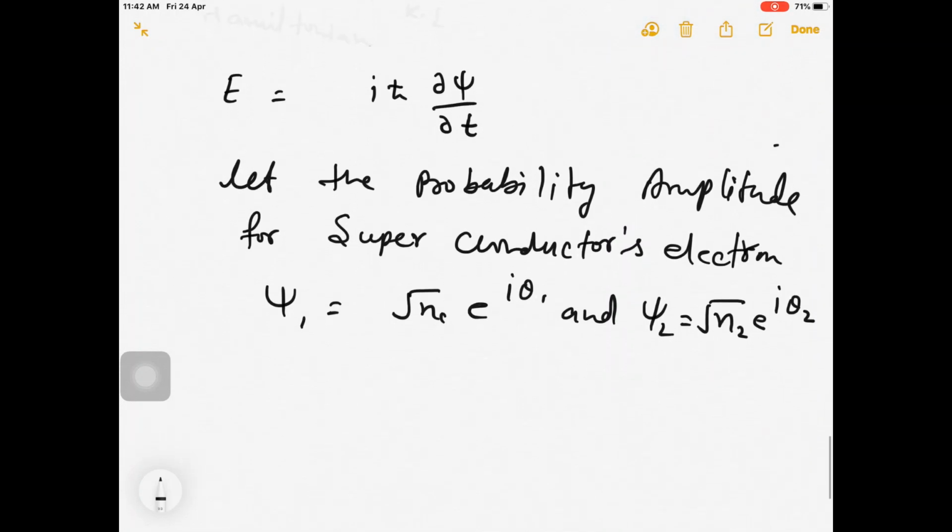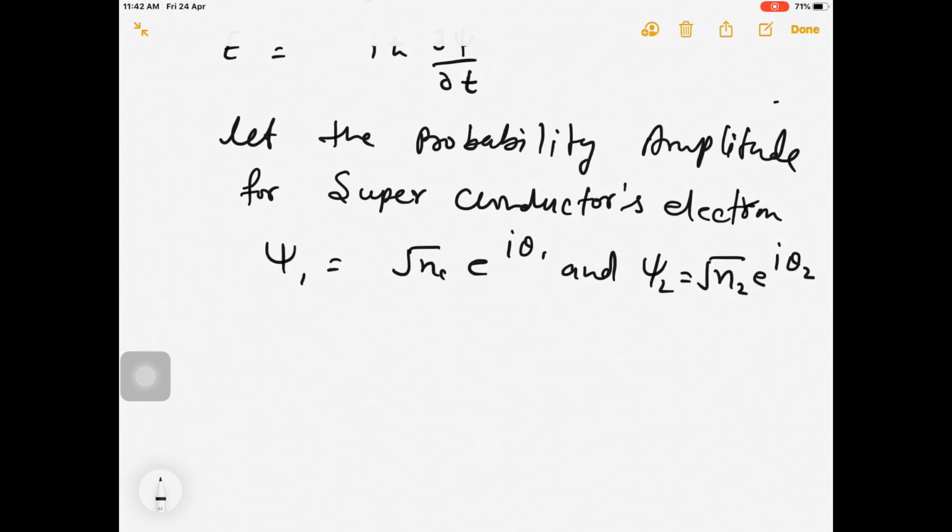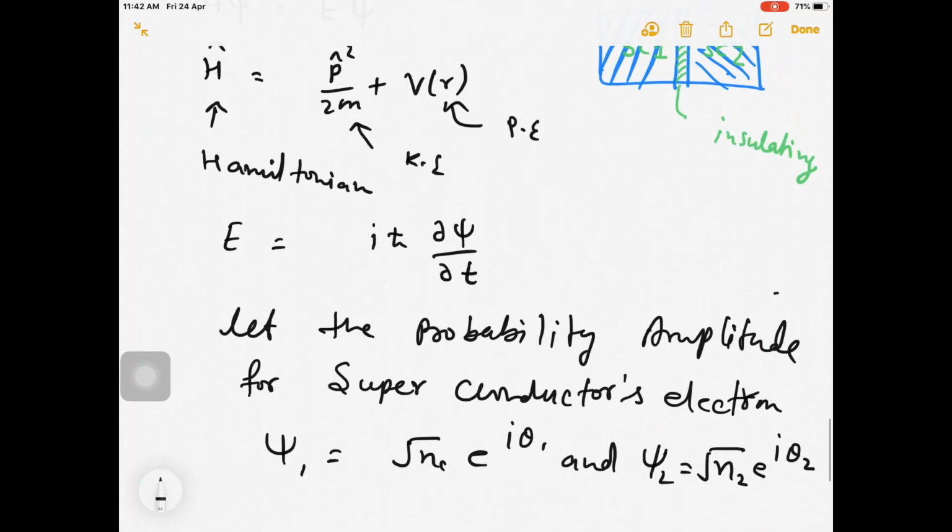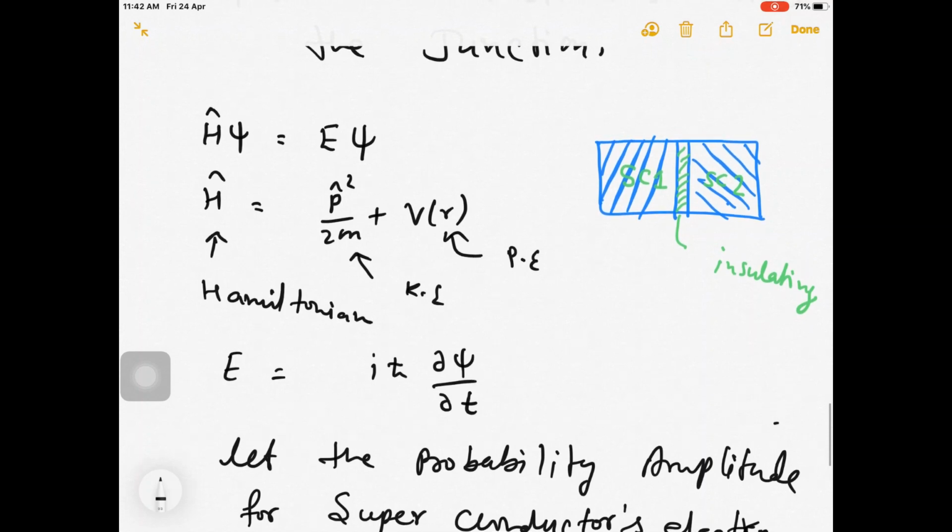Here theta 1 and theta 2 are phases, n1 and n2 are number densities of electrons. Here 1 and 2 are used for the first superconductor and the second superconductor, because there are two superconductors separated by an insulating layer.